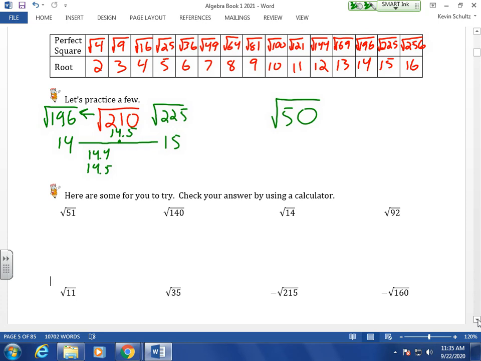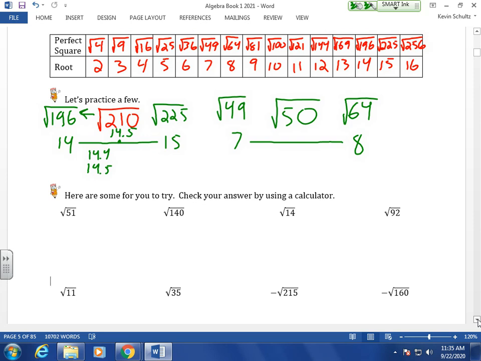What do we get, Erica? 49. Root 49, which is 7, and root 64, which is 8. So because 50 is between those two perfect squares, and we know the value of root 49 is 7, and the value of root 64 is 8, it means that the root of 50 is somewhere between 7 and 8.